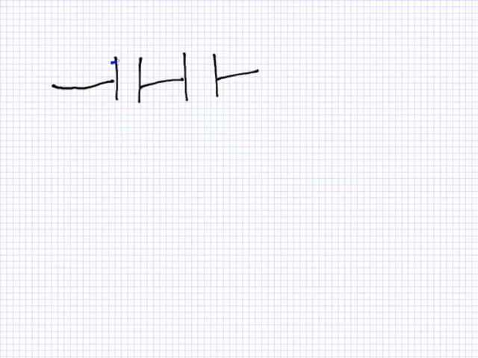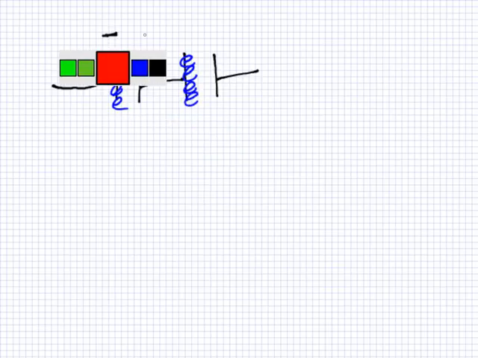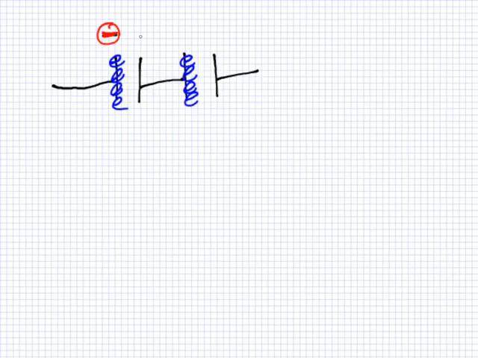Imagine there's some electrons here, and some electrons here. This is negative, this one is positive, this one here is negative, and this one's positive, because there's no electrons on it.